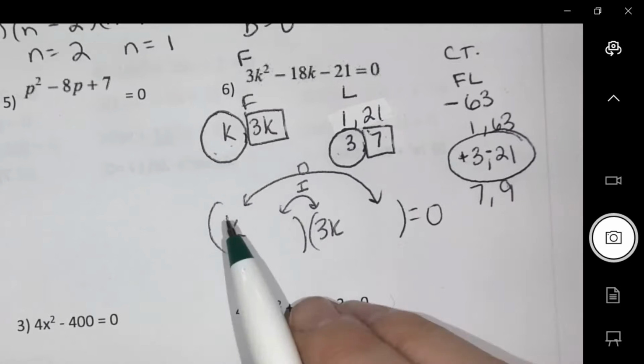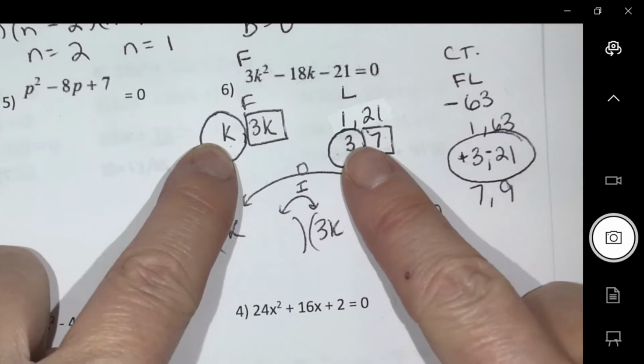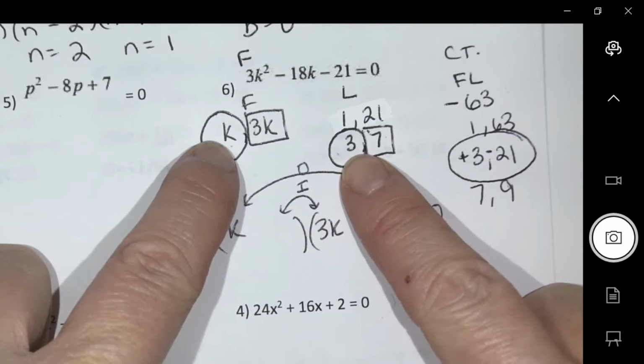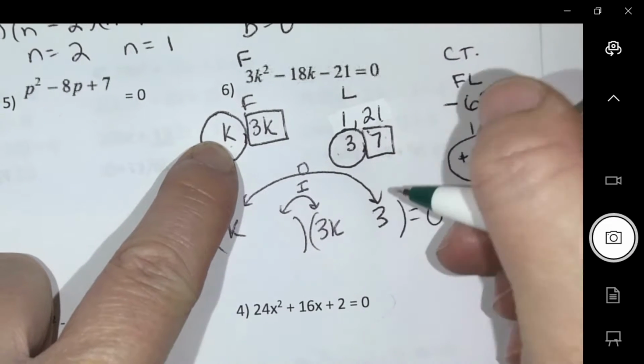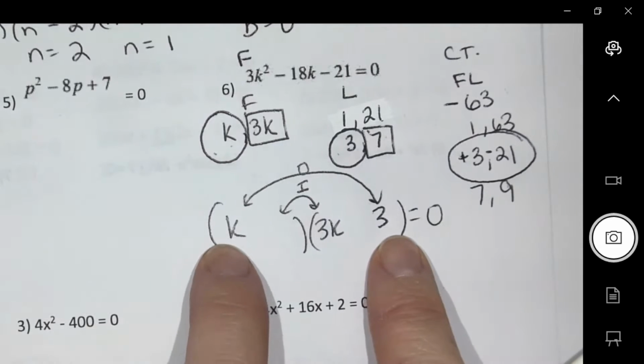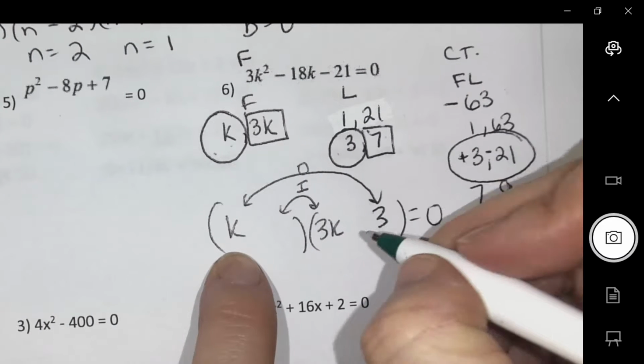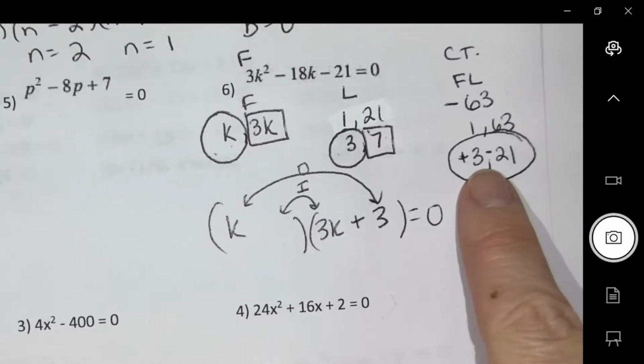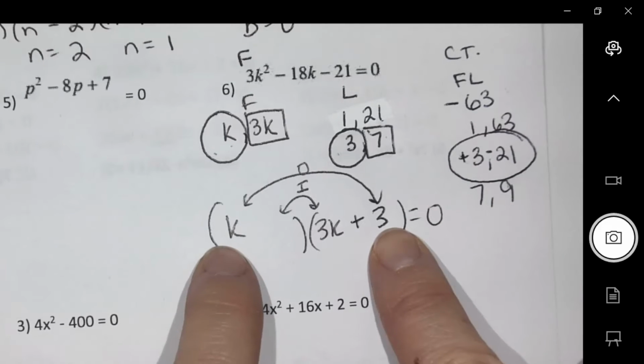Okay, we partnered a K with a 3. So on the outside, I have a K with a 3 to make a plus 3K.